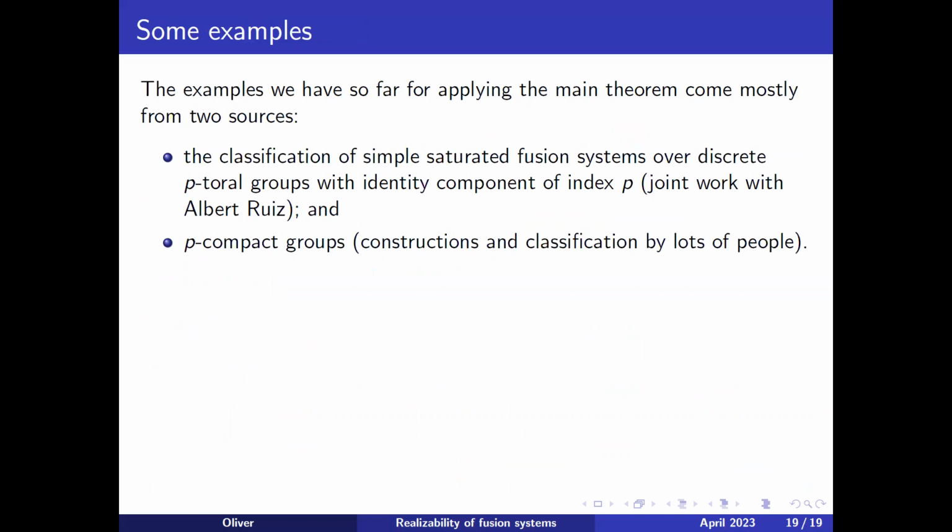First, from, well, I guess an earlier paper with Albert Ruiz, where we classified simple saturated fusion systems over discrete p-toral groups whose identity component has index p in S. So that's just one special case, which turns out to be possible to handle, but general enough to give lots of curious examples.